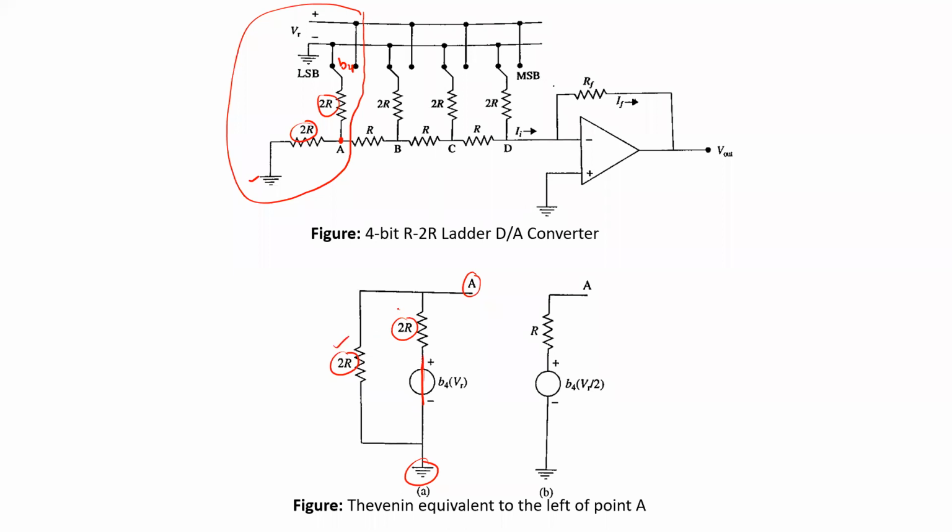Calculate the parallel combination of these two resistances, which will give you the Thevenin resistance equal to R. And for the Thevenin voltage, you can determine an expression for the voltage drop across this 2R resistor.